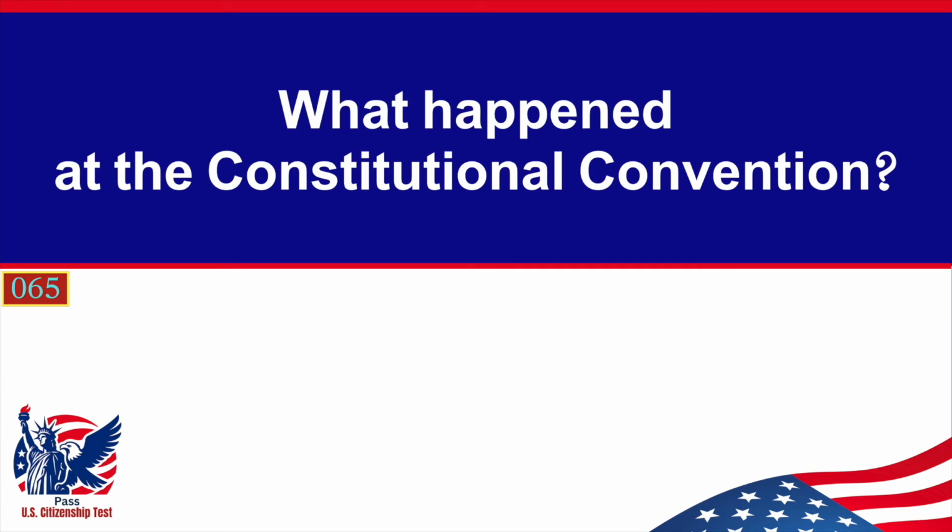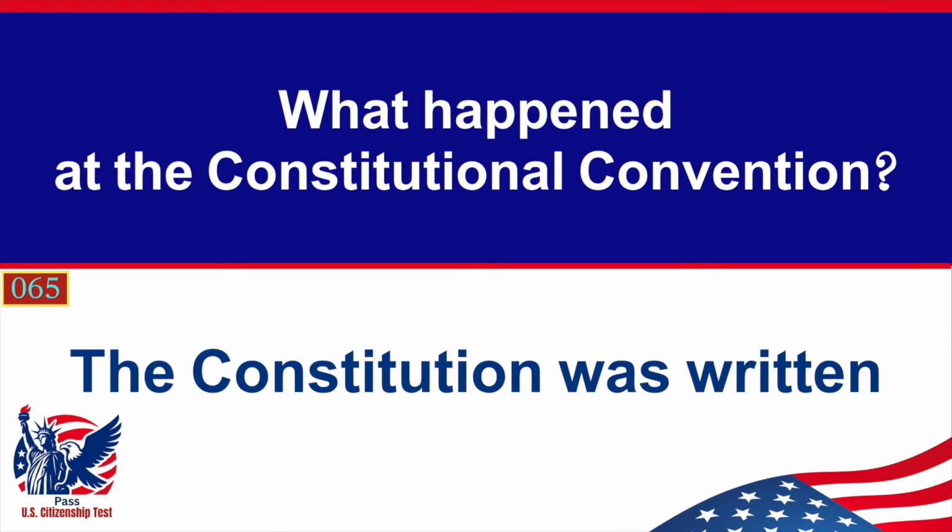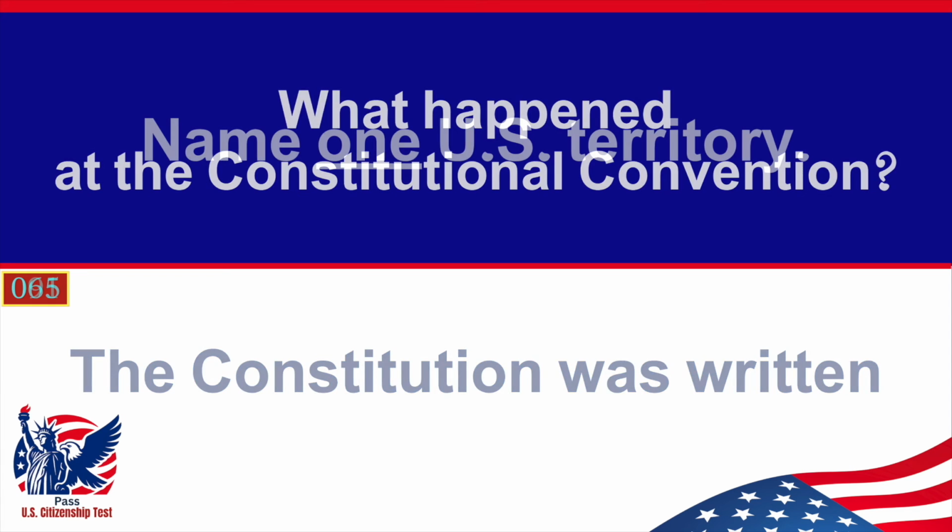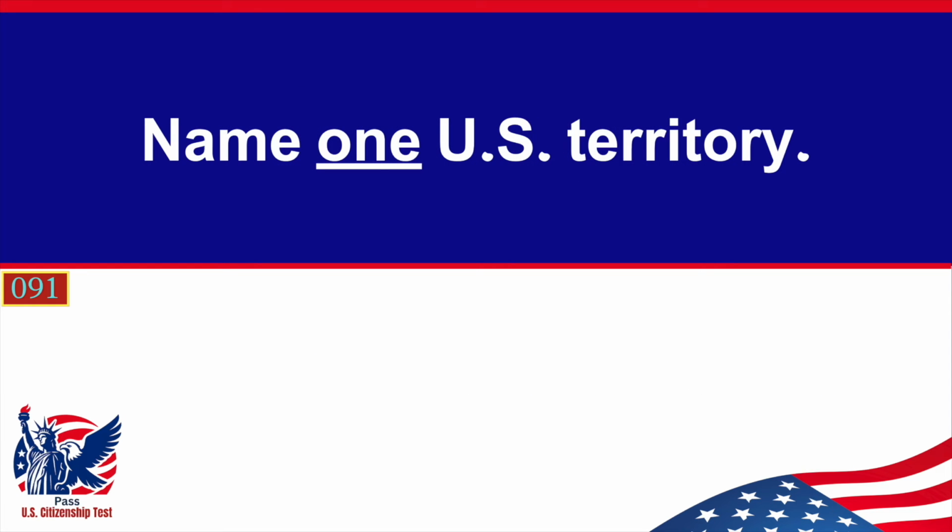What happened at the Constitutional Convention? The Constitution was written. Name 1 U.S. territory. Guam.